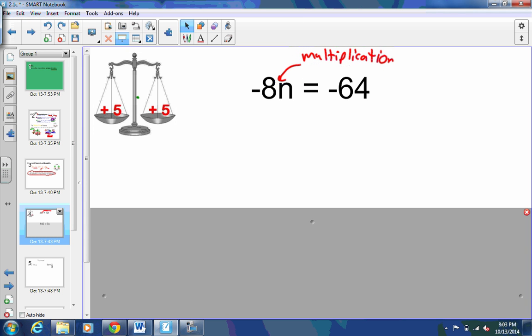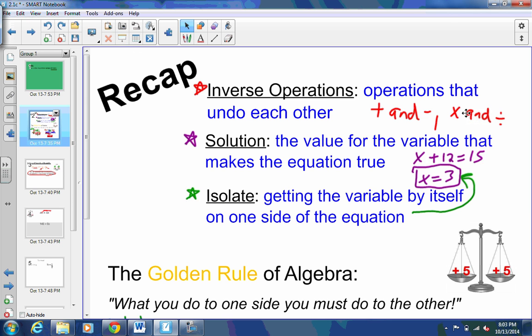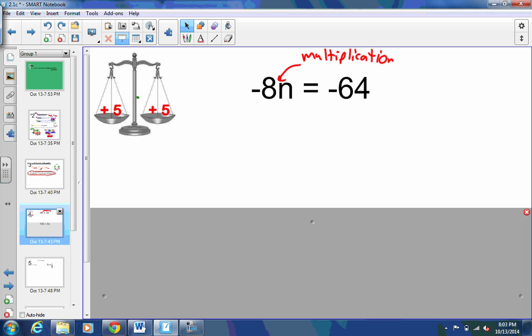So negative 8 times n equals negative 64. Now, if you remember anything about inverse operations, we said that the inverse of multiplication is division. So if we want to undo this multiplication, we have to do division.